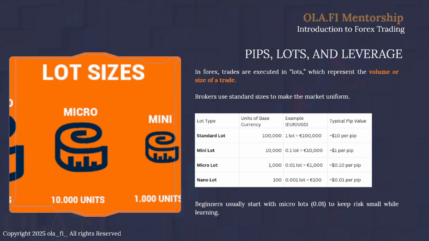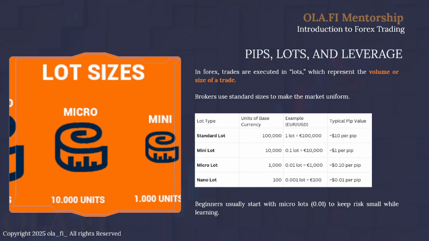So that means you bought 100,000 pounds. The dollar value, since the current price of pound USD is 1.253, the equivalent in dollars will be $125,340. So that's how we go around that with lot sizes.